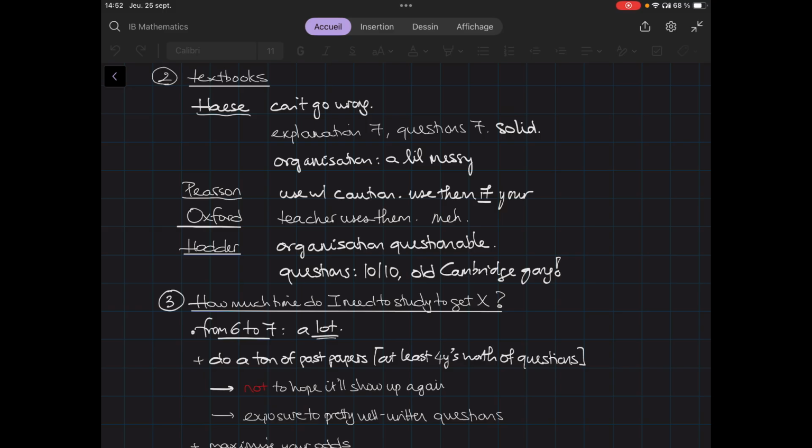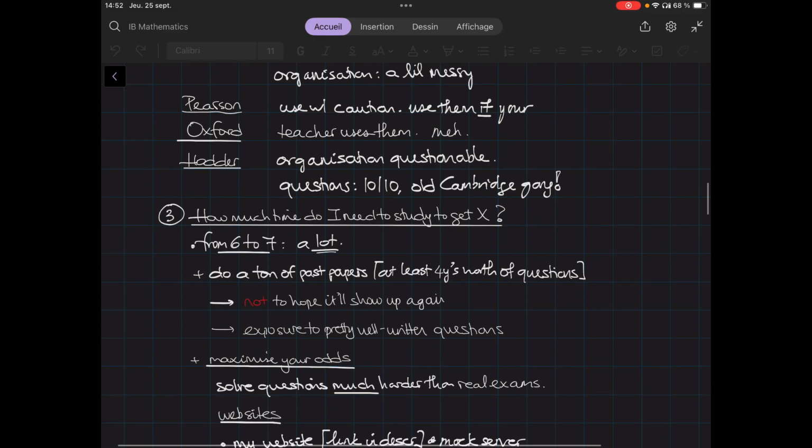It's a bit complicated. Pearson and Oxford, in my honest opinion, they're not bad, but that wouldn't be my go-to. If your teacher uses it, use it. Otherwise, I would genuinely look for a textbook that would suit you a bit better.